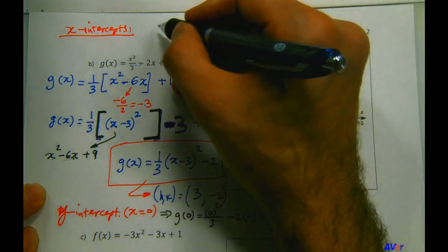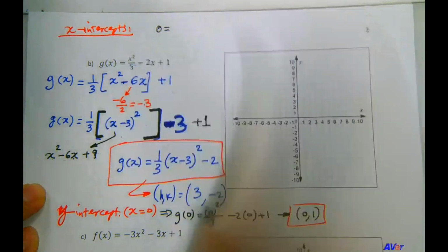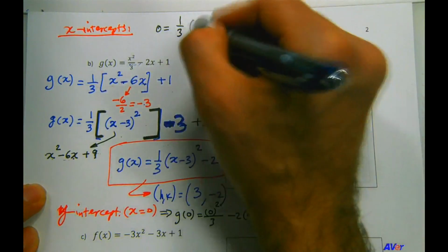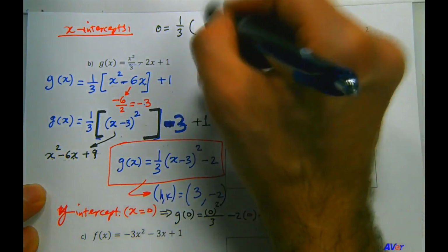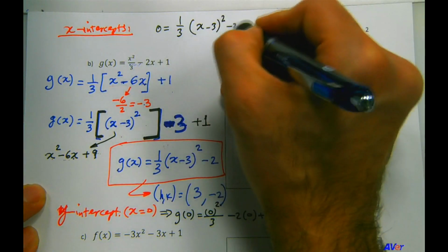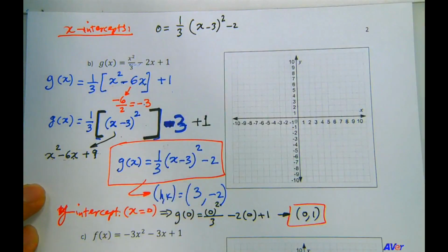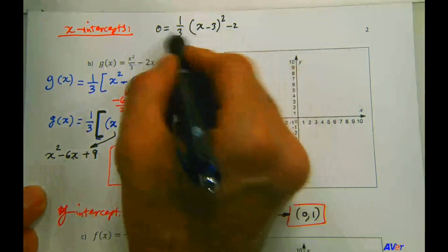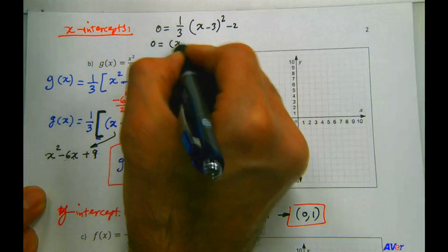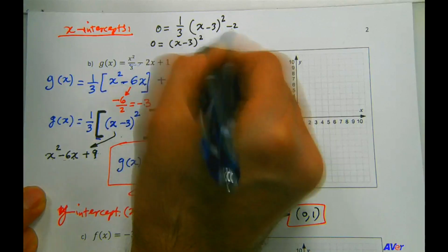So 0 equals 1/3 times x minus 3 squared minus 2. Right? Let's use that. So multiply both sides by 3, what do we get? We get 0 equals x minus 3 squared minus 6.